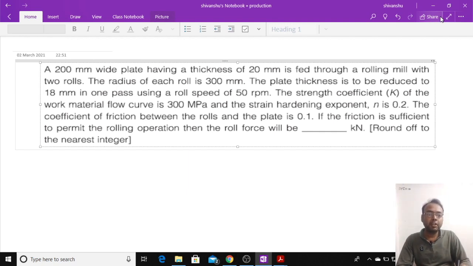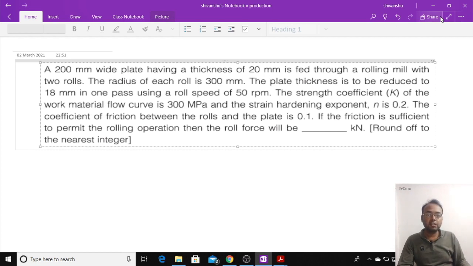The plate thickness is to be reduced to 18 mm in one pass using a roll speed of 50 rpm. The strength coefficient of the work material flow curve is 300 megapascal and the strain hardening exponent n is 0.2. The coefficient of friction between the rolls and the plate is 0.1.